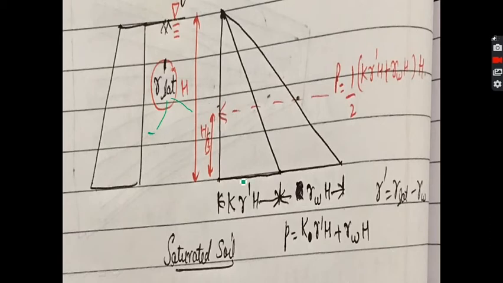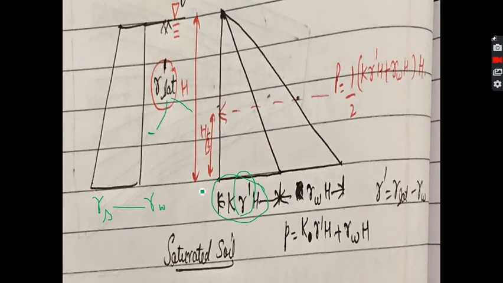First of all, we will draw the pressure of the soil, which will be maximum at the bottom, that is K into gamma dash into H, where gamma dash is not the saturated but the submerged unit weight, which is given by gamma saturated minus gamma W, where gamma W is the unit weight of water.